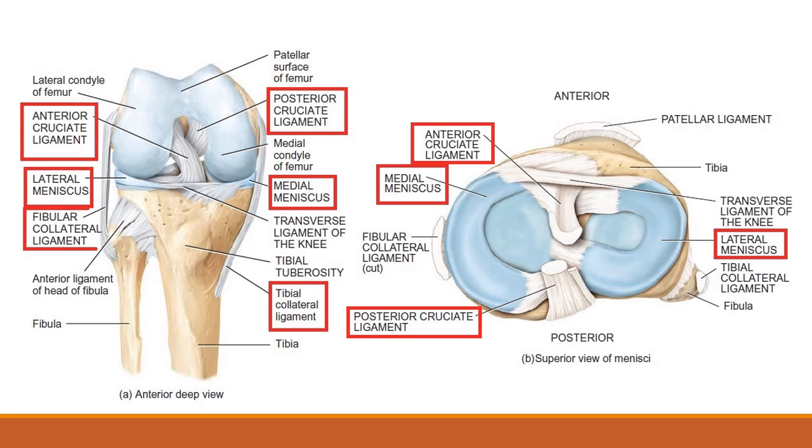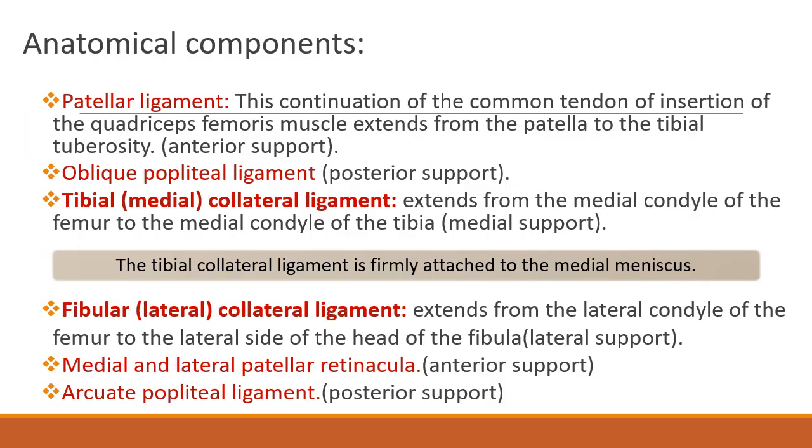On the lateral side, the lateral collateral ligament inserts on the femur on the lateral epicondyle and on the head of the fibula inferiorly. You can notice that there is a space between the lateral collateral ligament and the lateral meniscus that allows for more flexibility of the lateral meniscus.